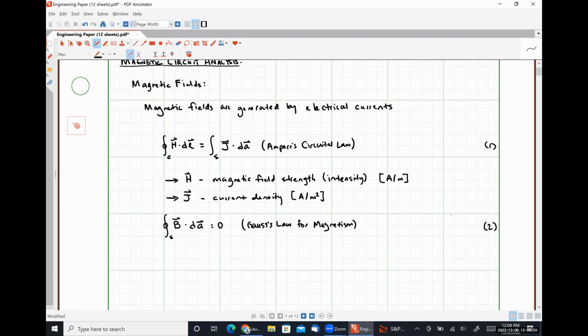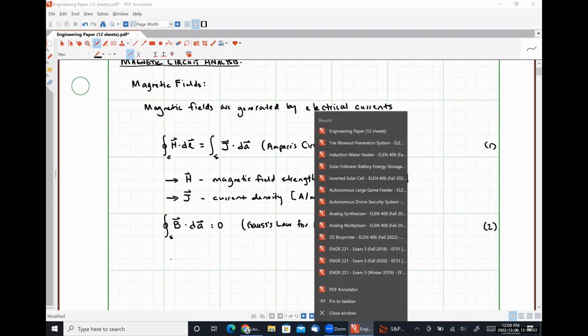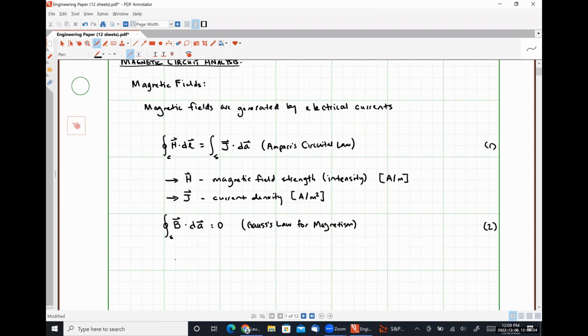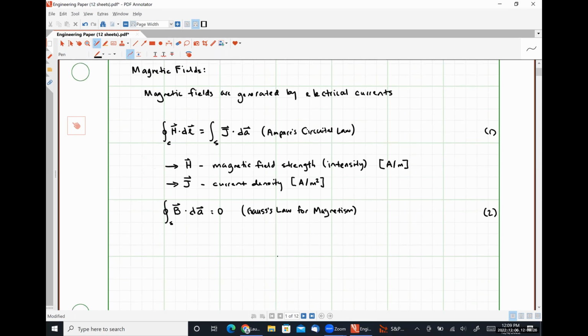The quantity B, as I mentioned a moment ago, is the magnetic flux density vector, where magnetic flux density is measured in Tesla.